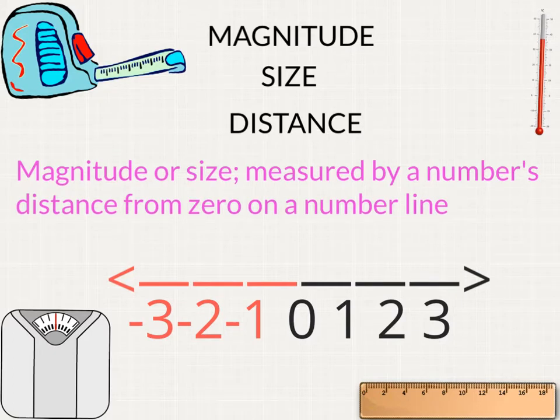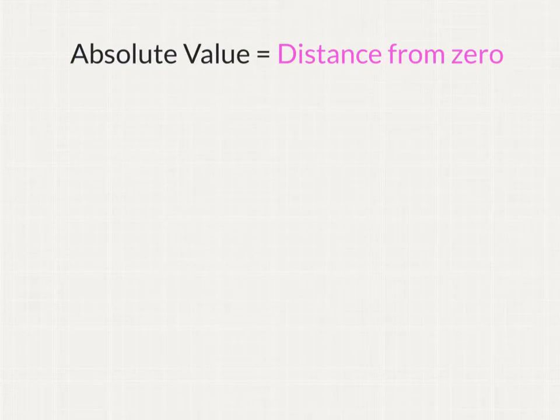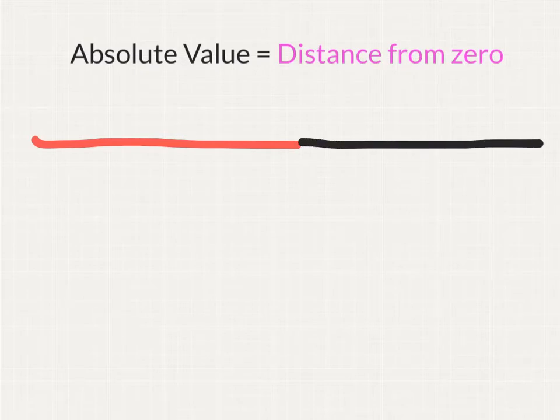This is measured by a number's distance from zero on a number line. So, absolute value is the distance from zero. We use a number line as our tool to measure that distance.